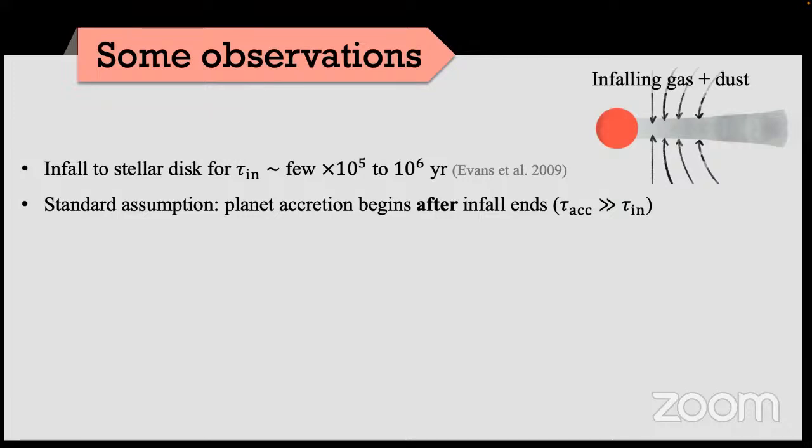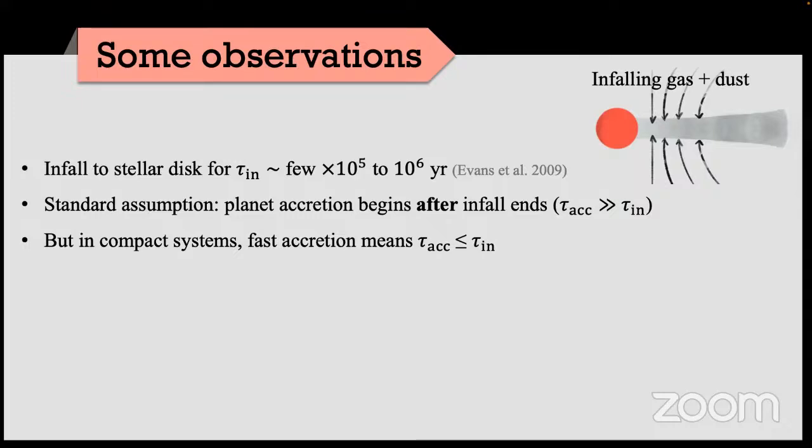And this is true for planets that start to accrete in orbits similar to Jupiter. But for these compact systems, because the orbital periods are so short, the accretion can be very short as well, sometimes smaller or comparable to the infall timescale.